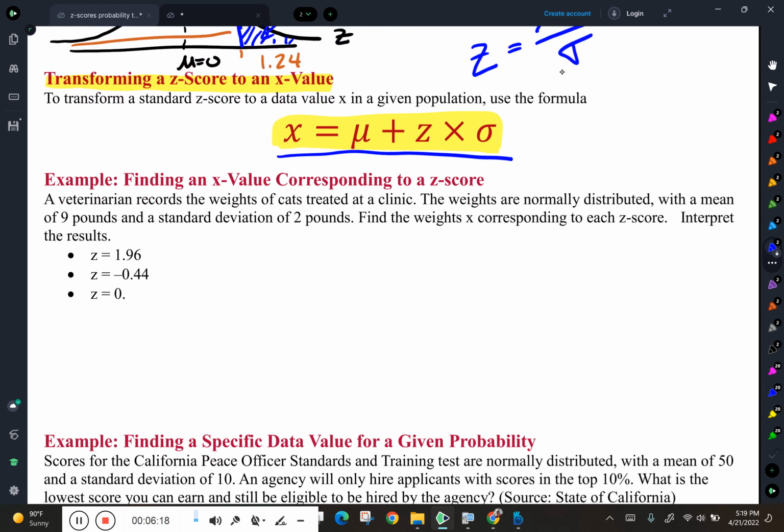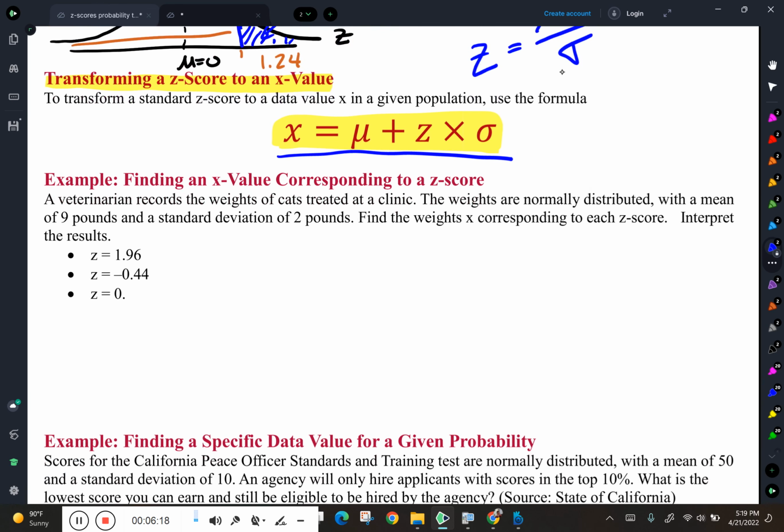The area is 0.9, my mean is 50, my standard deviation is 10, and that score is 62.82.